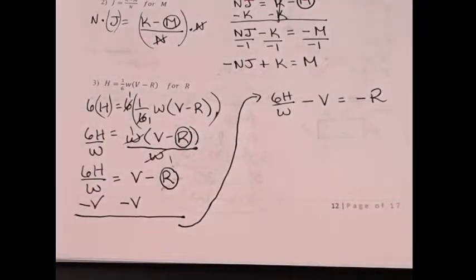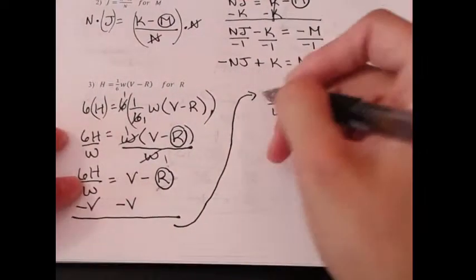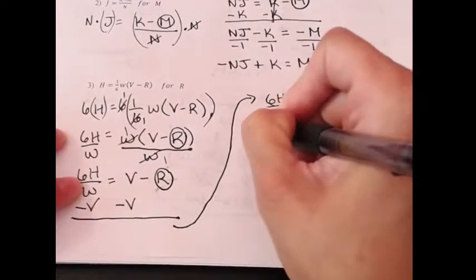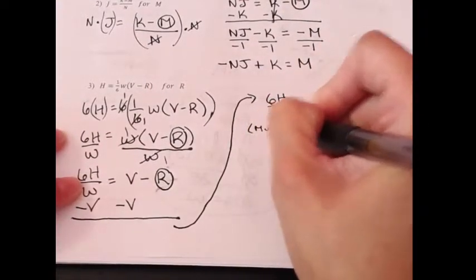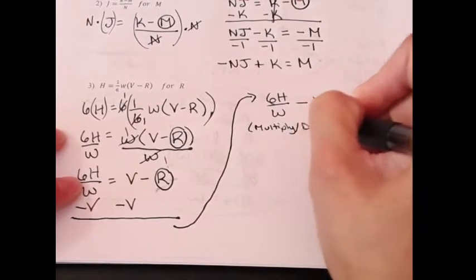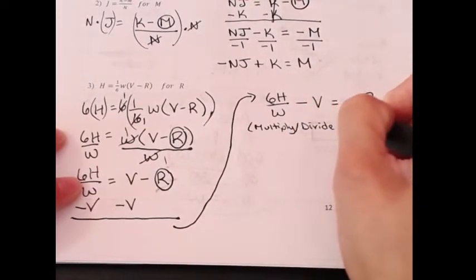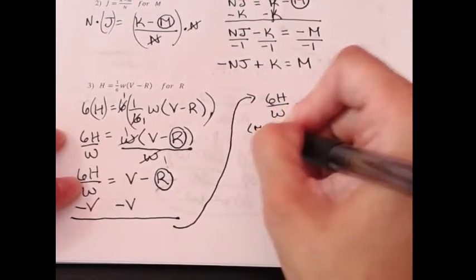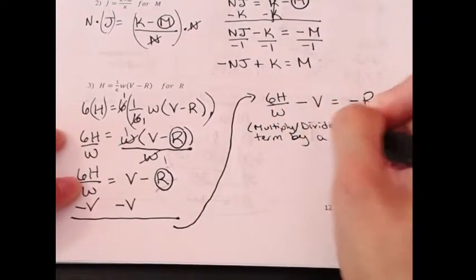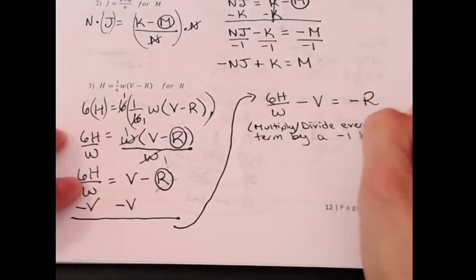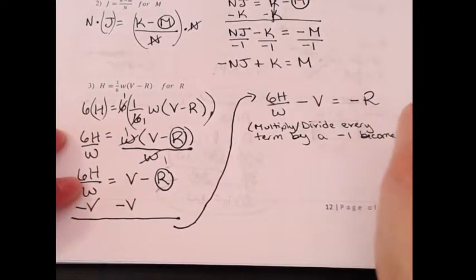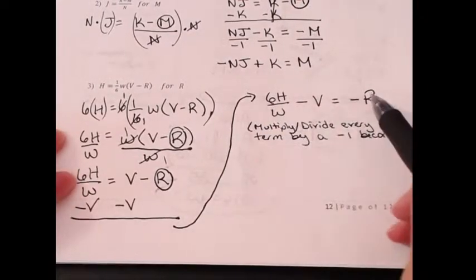If we multiply or divide every term by a negative 1, that becomes, then, flip all the signs.